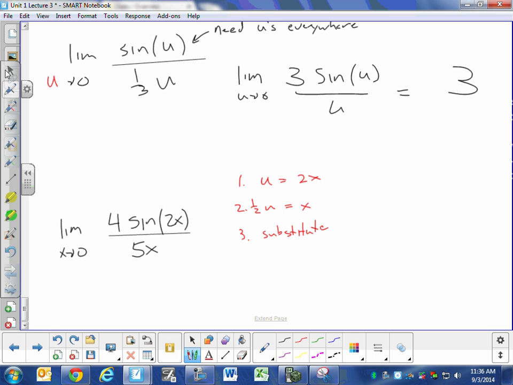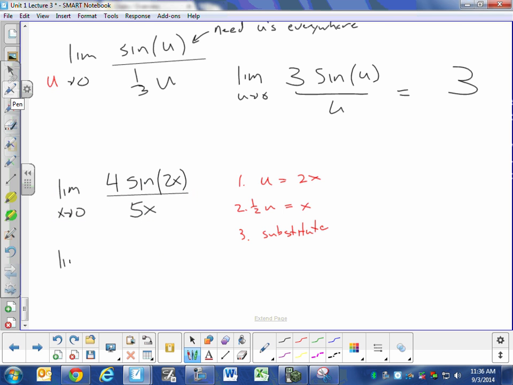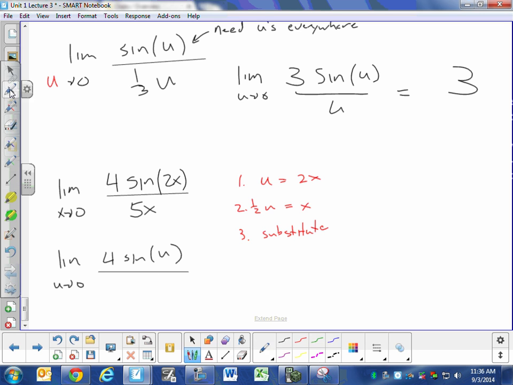What I will do is, hang on, we got club time. I will substitute 1/2 u here. I'll substitute 1/2 u here. And then, instead of 5x, I'll have 5 times 1/2 u. Well, that's kind of like 5 halves in the denominator.